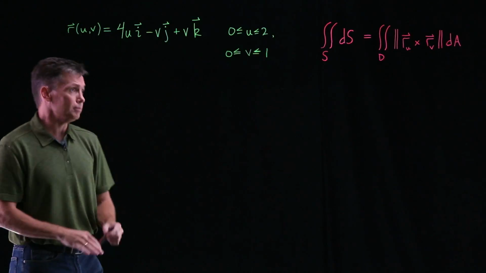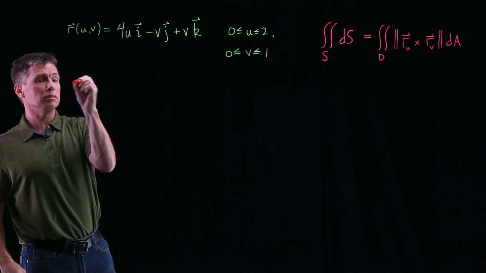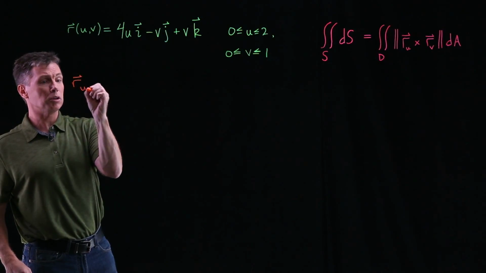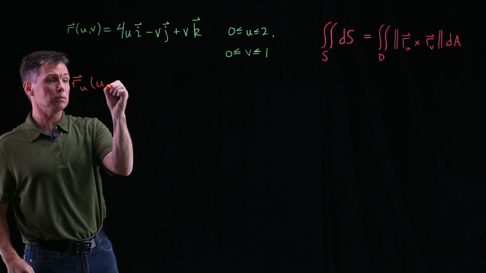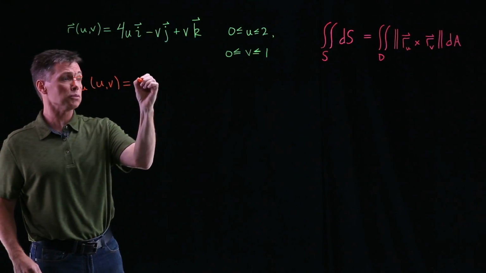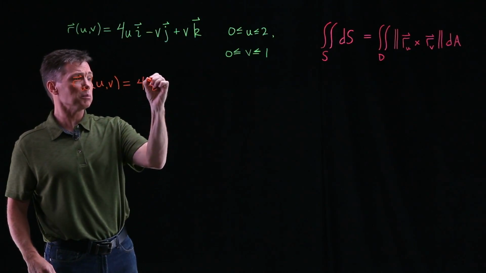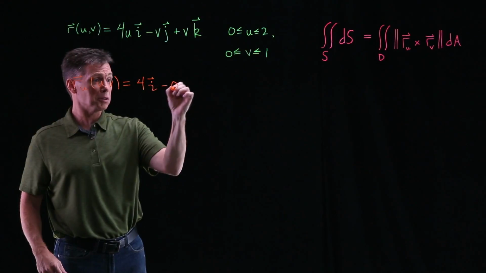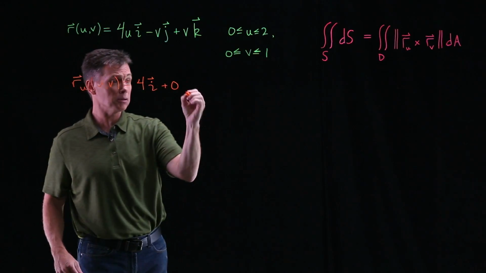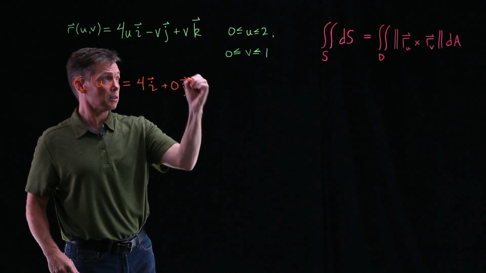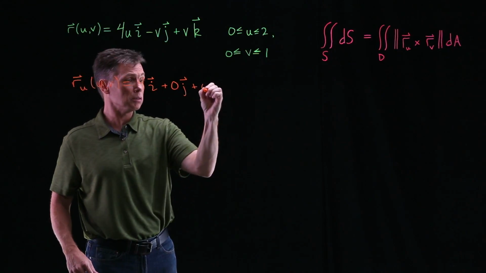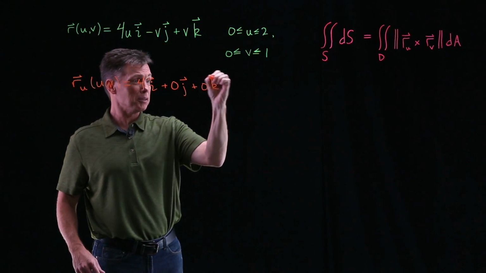Over here, my r vector partial with respect to u equals 4 i. This looks like it's going to be nice, right? The partial there is 0, and this is also a 0, looking pretty good.